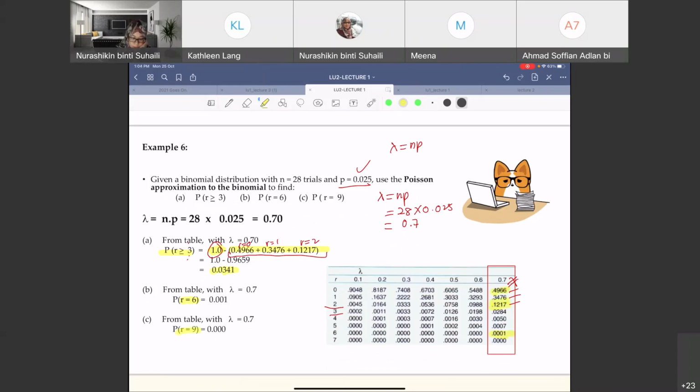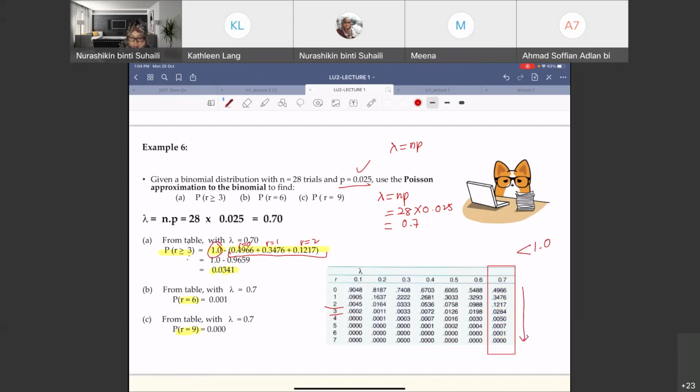There are some situations where the r value is not available in the table. How do you find the value? If you see here, the values in the table are actually probabilities, and they are less than 1.0. If you see the trend here, for lambda equal to 0.7, from r equal to 1 it is 0.4966, and it's decreasing, isn't it?